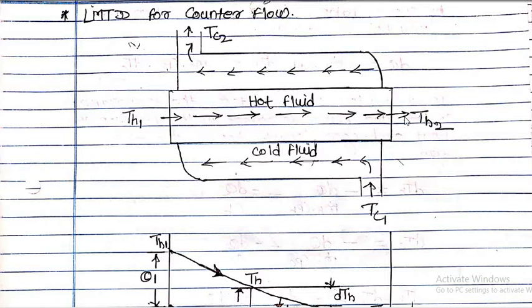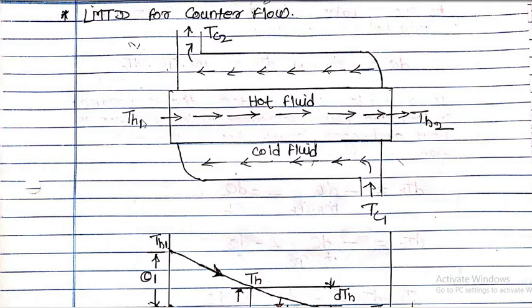Now in case of a parallel flow heat exchanger, the cold fluid direction will be the same as that of the hot fluid direction, but in a counter flow heat exchanger, the cold fluid enters in the opposite direction. So here is the entry of the hot fluid, whereas from the opposite side the cold fluid enters this particular compartment.